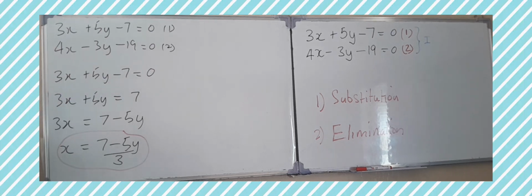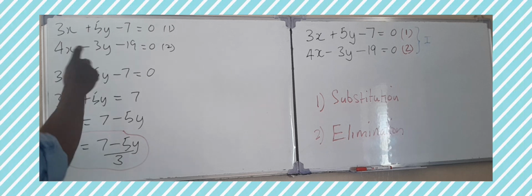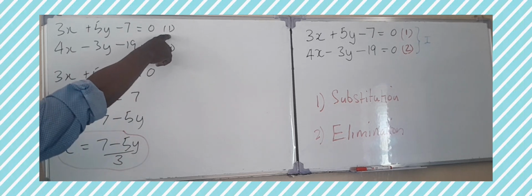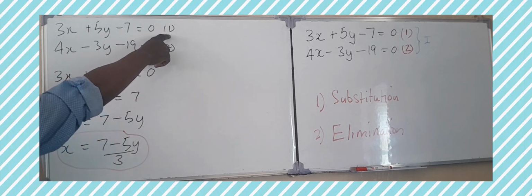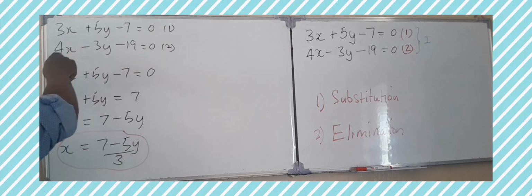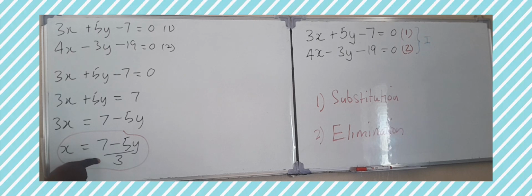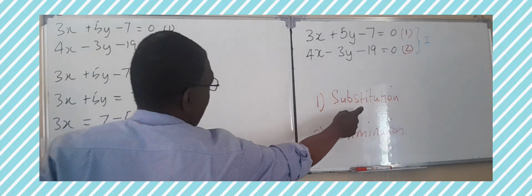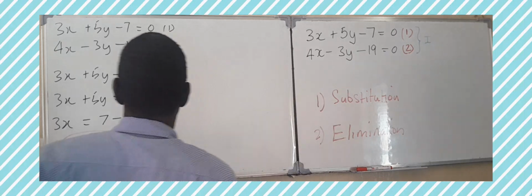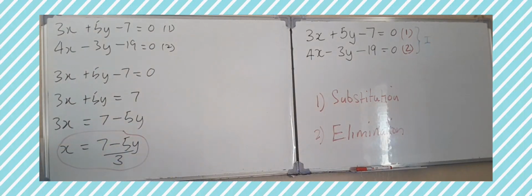But here we are now, our x is expressed in terms of y. This we did using equation number 1. The next step now is to go to equation number 2, and instead of writing x, you are going to substitute it by this. That's why it's called the method of substitution. So let's do that. Let's go to equation number 2.